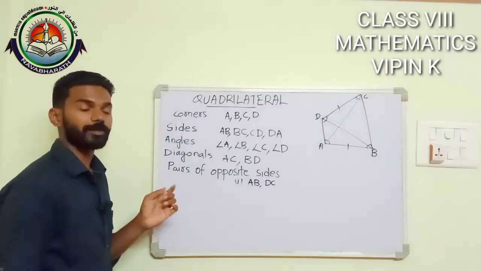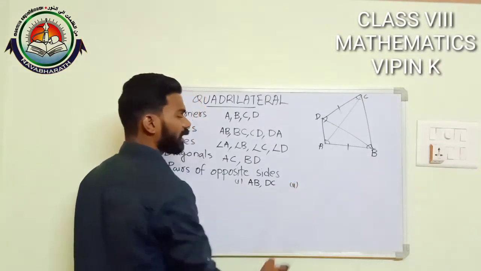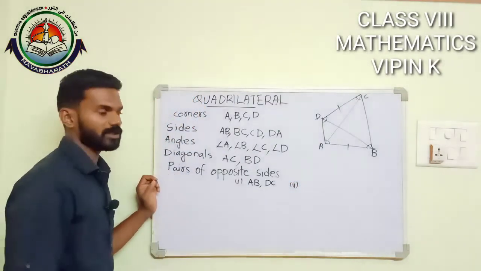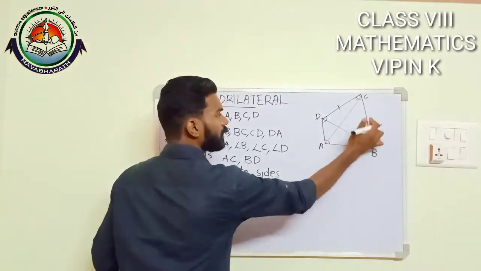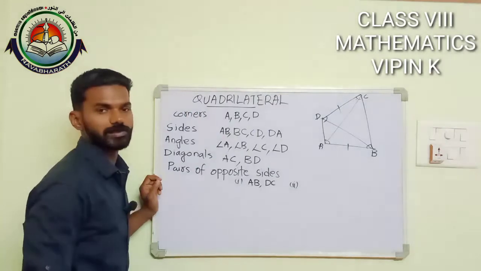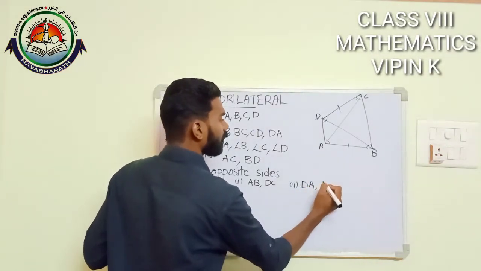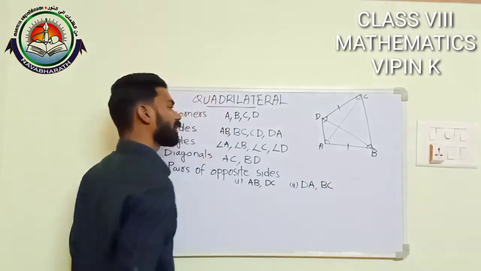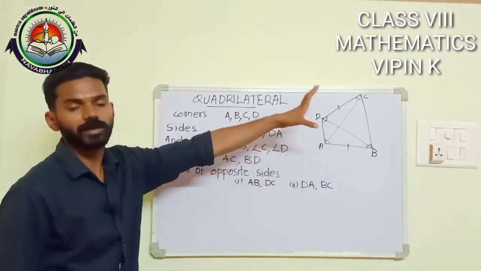There is another pair of opposite sides. Can you tell me which it is? This DA and this BC are opposite. So another pair is DA, BC. So there are two pairs of opposite sides in this quadrilateral.